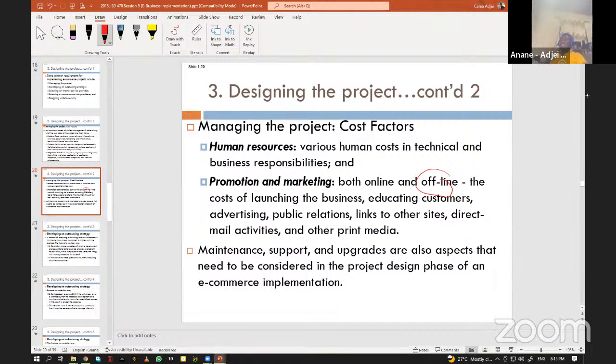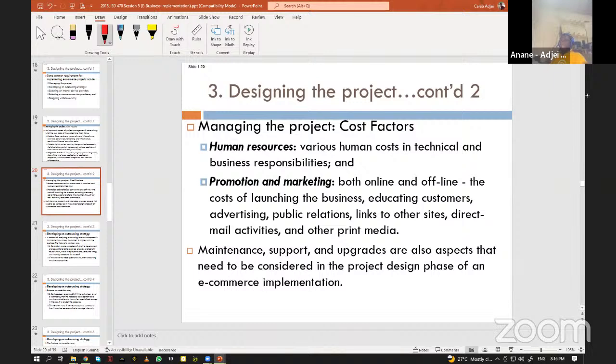So you should be able to promote it in a traditional media landscape for people to know. So the cost of launching the business, educating people about the product, what you have, advertising, public relations, links to other websites, direct mail activities, and other print media.